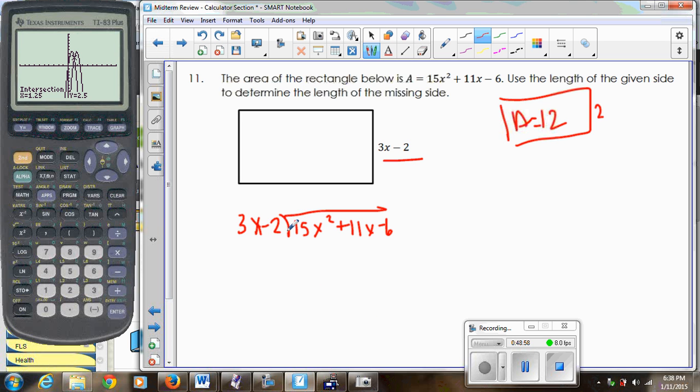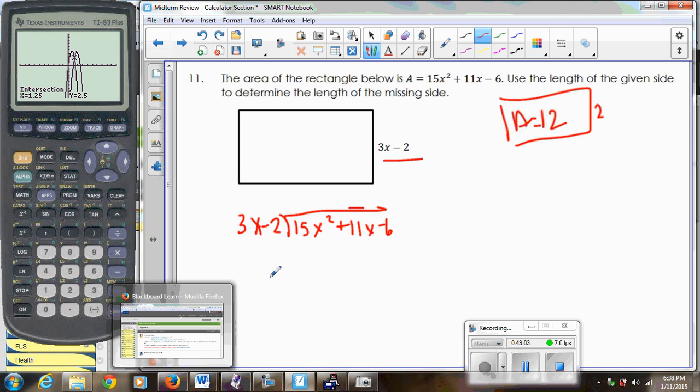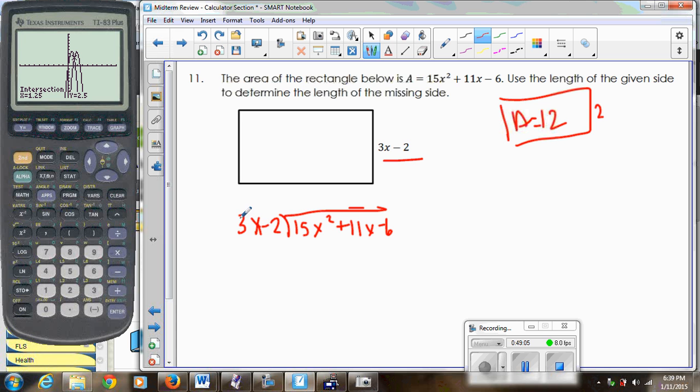So with long division, since this has 2 terms, I'm going to start my answer above the second term. And I'm essentially just looking at the first term and what I need to multiply 3x by to get 15x squared. And what I need is a 5x. So I'm going to put the 5x here, and then I'm going to multiply through.